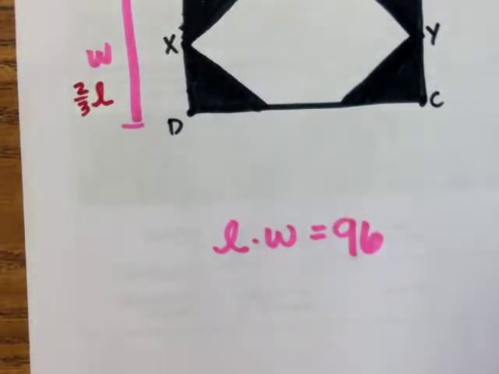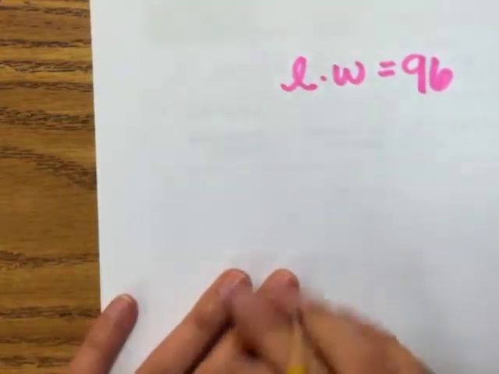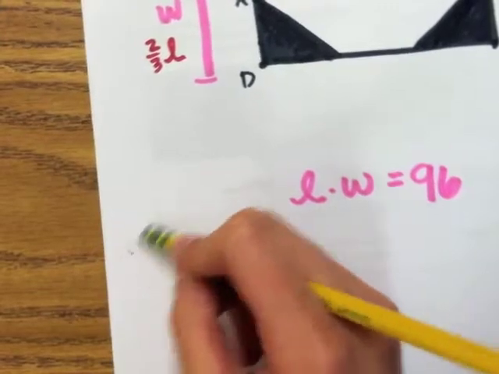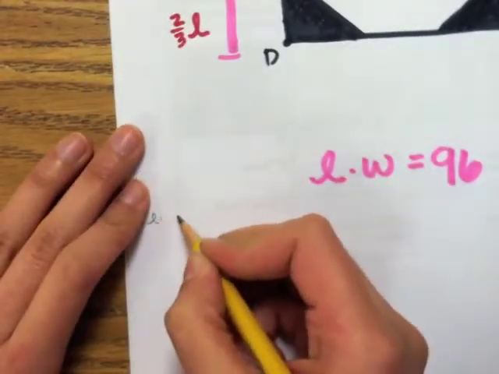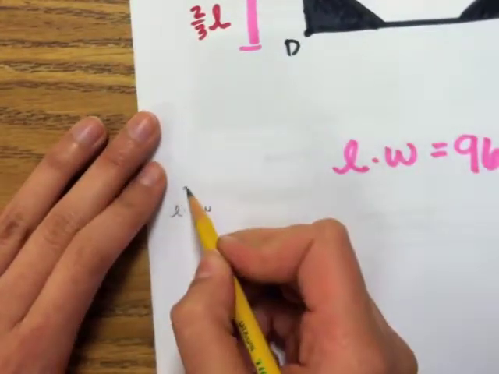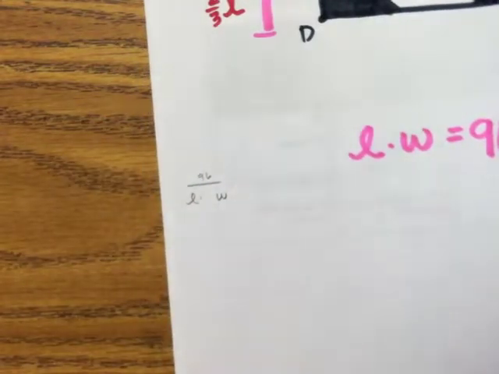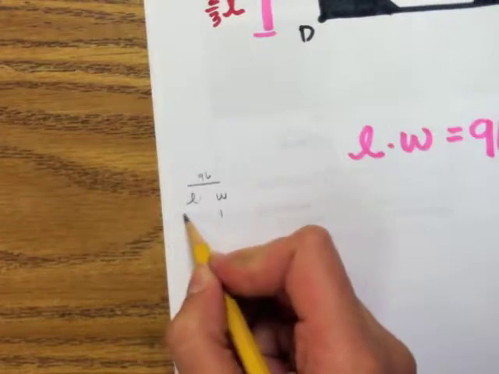So the first thing, there are two ways that you can figure out the values for L and W. The first way is by trying to see what your L times W is going to be. We know we want to get to 96, so let's find some factors. We can say that our width is 1 and 96.